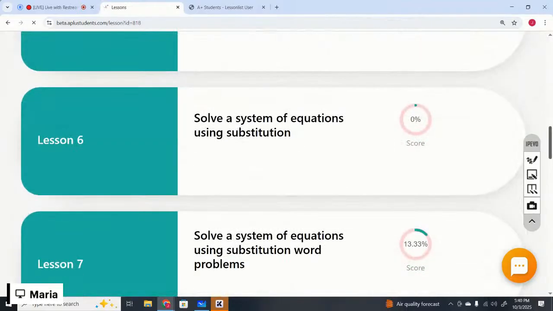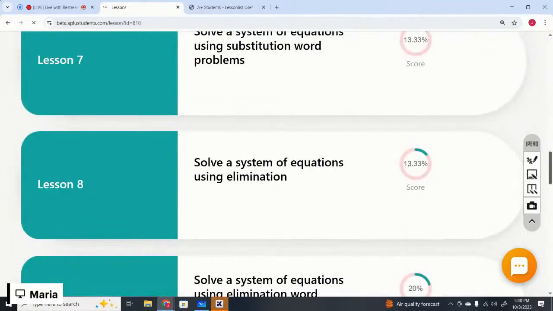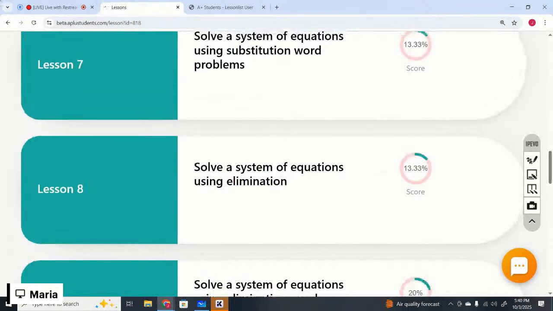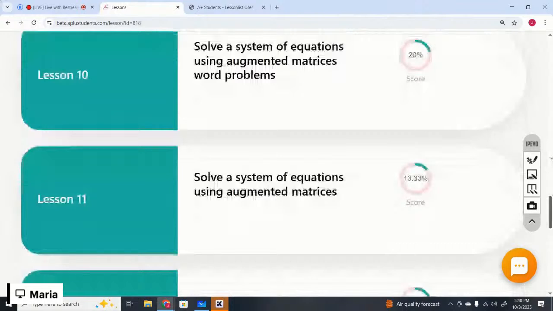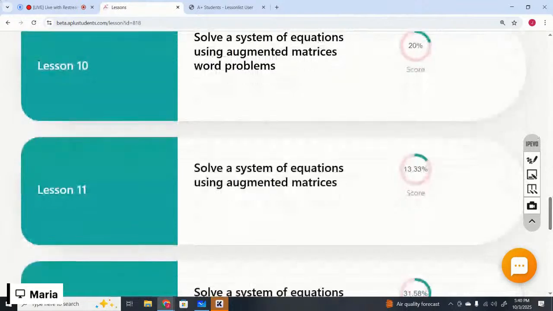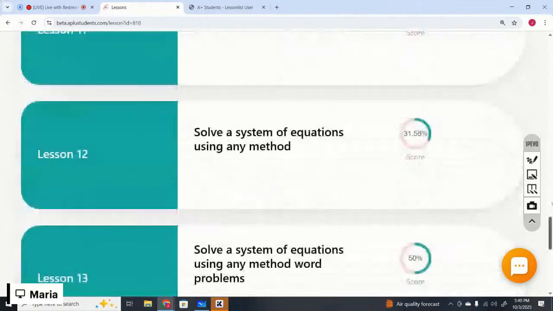The lessons we have covered are: solve a system of equations using elimination, solve a system of equations using augmented matrices, and solve a system of equations using any method.